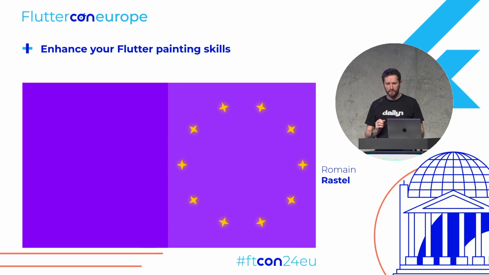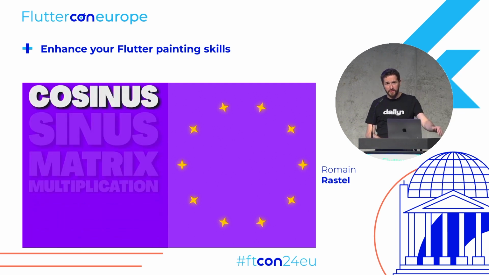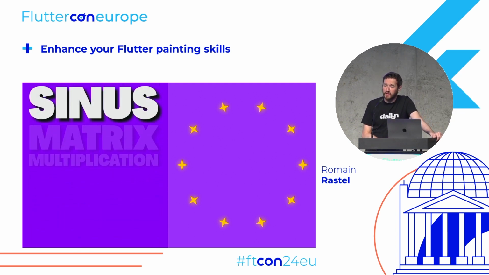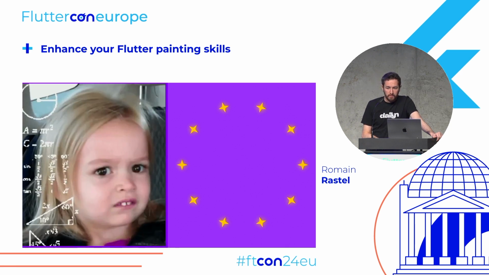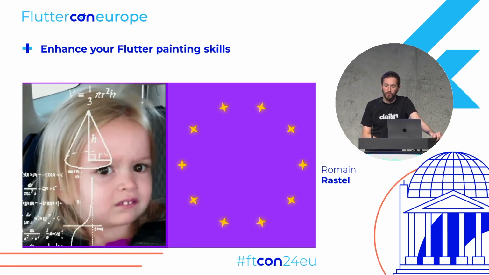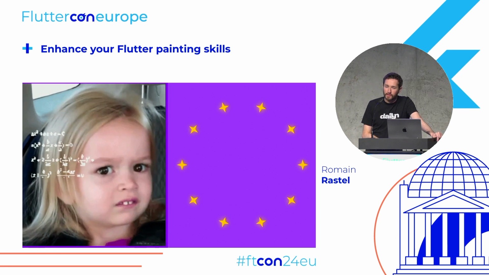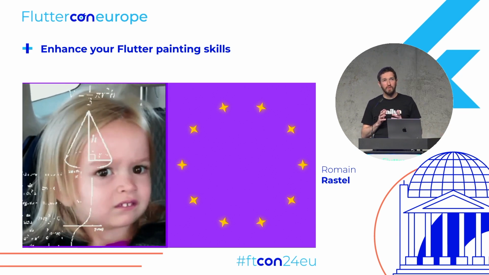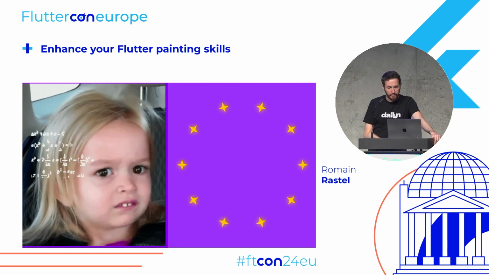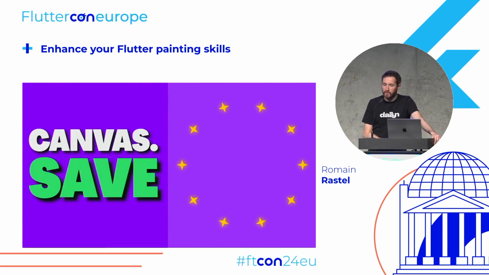The hard one with cosinus, sinus, matrix multiplication. A lot of math, too much for me. And the second one, using a clever or maybe a lazy way to do it with the canvas.save method.